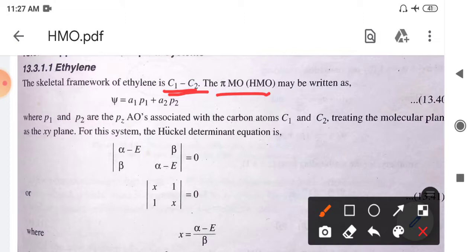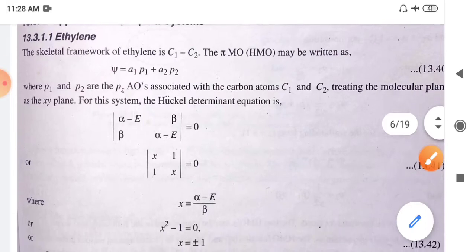Hence the pi molecular orbital or HMO can be written as a linear combination of what? The p orbitals of this and this carbon atom. In total how many carbon atoms are there? 2 carbon atoms. So for each carbon atom we consider its pz atomic orbital. By the linear combination of the first and second pz orbitals, we can write the wave equation as psi equals A1 P1 plus A2 P2, and these A1 and A2 are the coefficients which we need to find out.